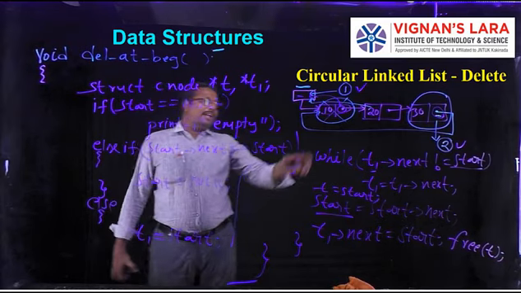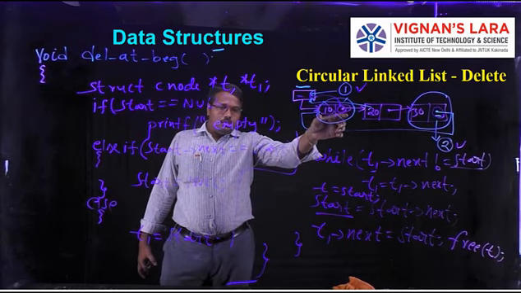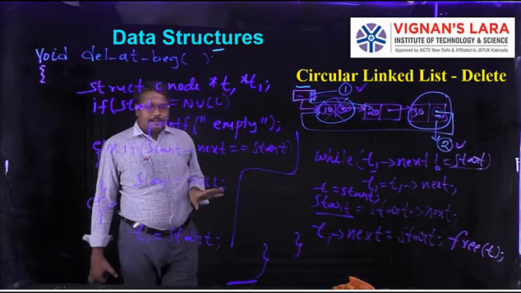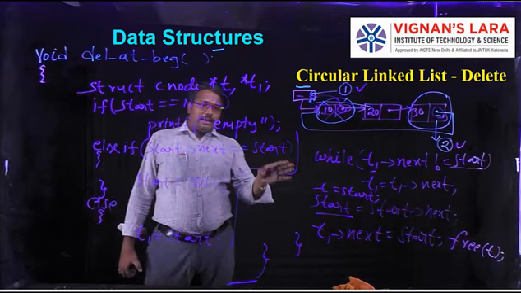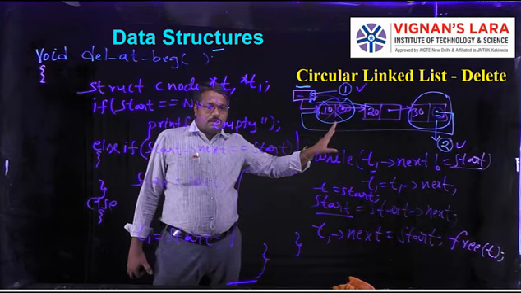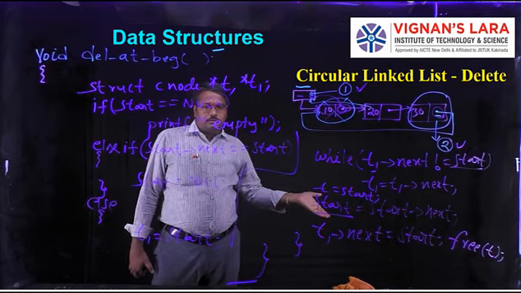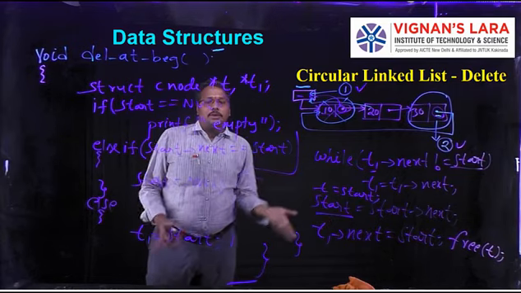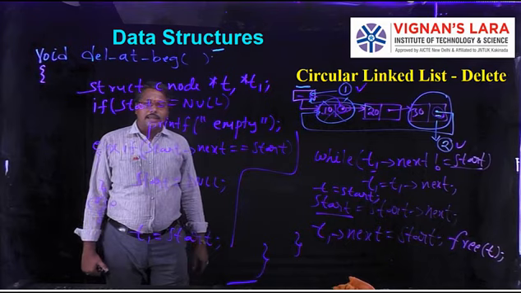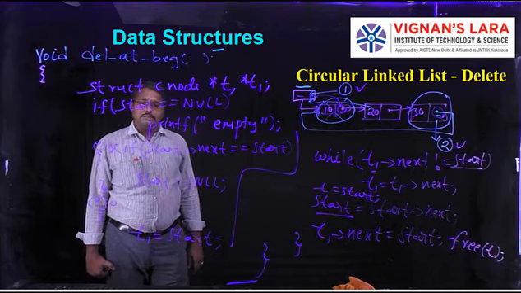What is the memory allocated to this 10th node? That memory is free. Means that memory allocation is added to free cells. So next time for allocation, maybe this memory also can be used. That's why we called it linked list is an efficient memory utilization.